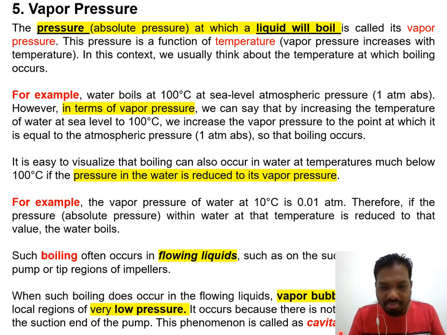It occurs because there is not enough pressure at the suction end of the pump. Because of the sudden pressure drop, it starts to produce water bubbles, and this phenomenon we call cavitation.